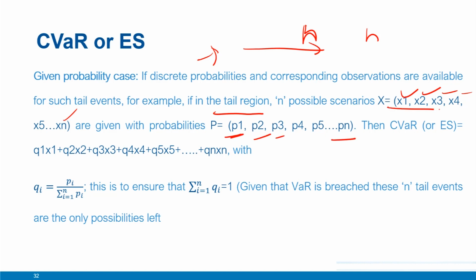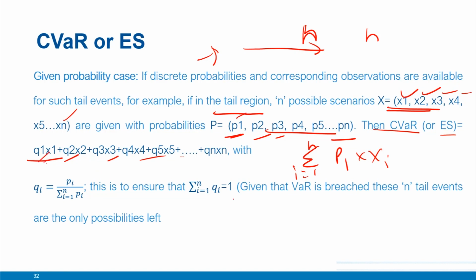So in that case, when the probabilities are also given as a probability mass function, so the probabilities are given and the values are also given, then your conditional VaR or ES measure is simply nothing but the expected value like this, Pi into Xi, summation i equal to 1 to n, which is nothing but Q1 X1, Q2 X2, Q3 X3 and so on. Now here this Q1 is different from P1.